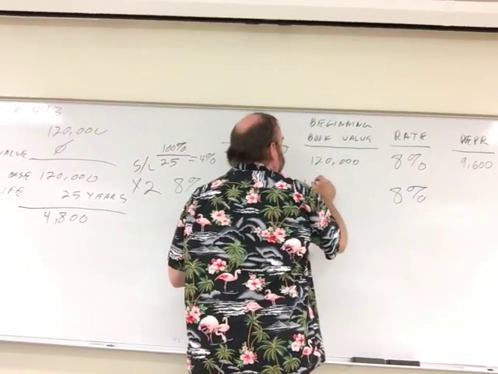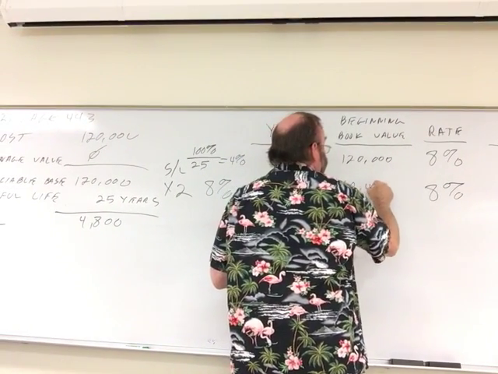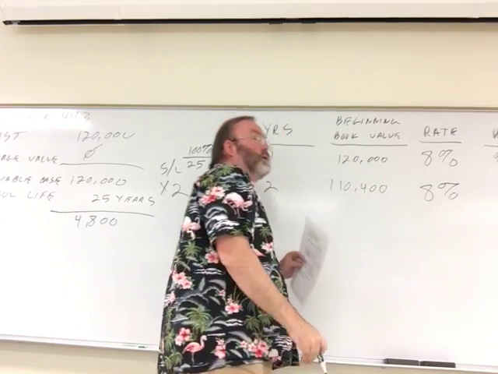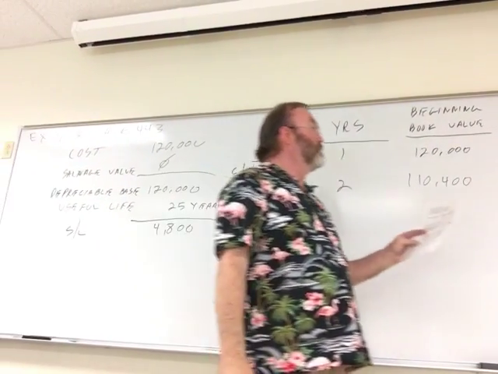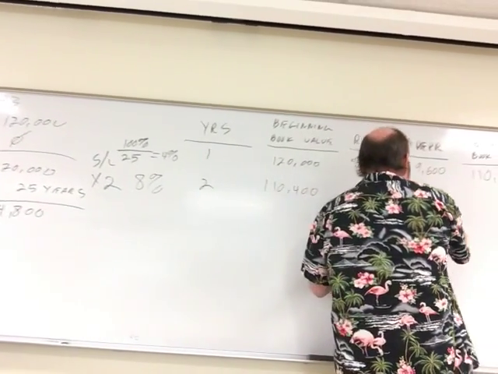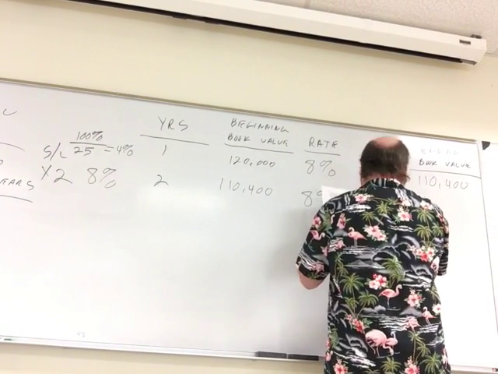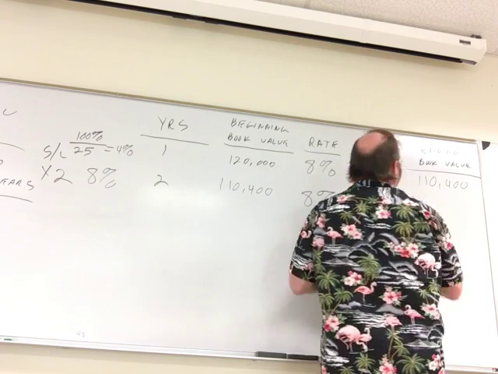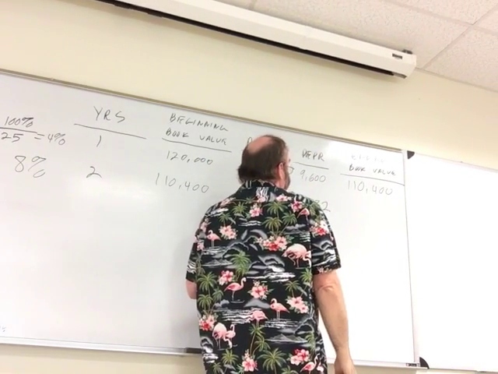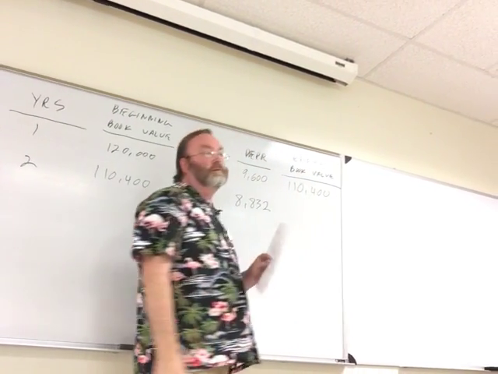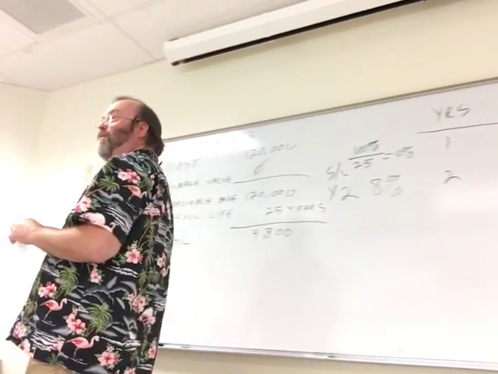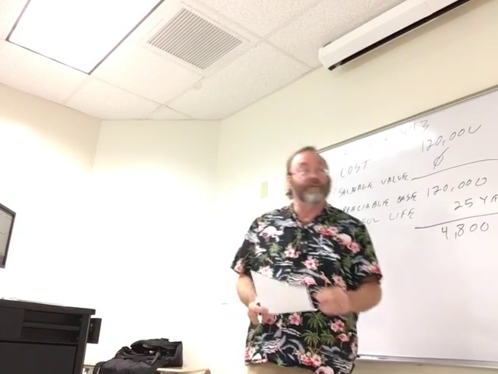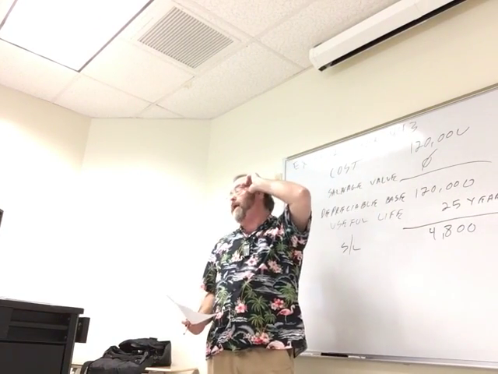That becomes our book value for the beginning of year 2. Multiply that by 8%, you get 8,832. I'm not even going to guess as to what the book value is at the end of the year without a calculator. But that's how you do double declining.